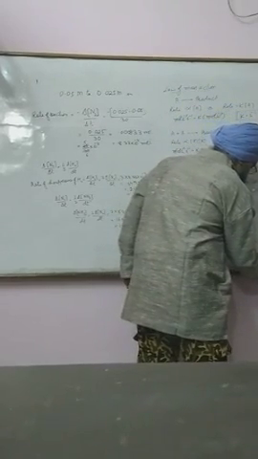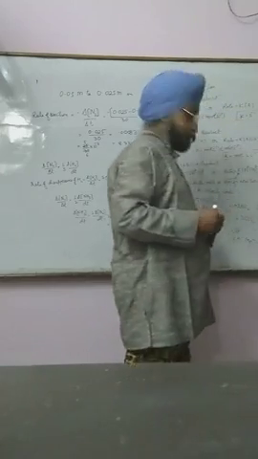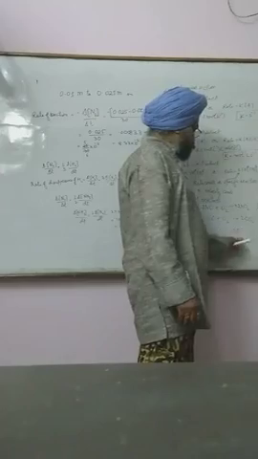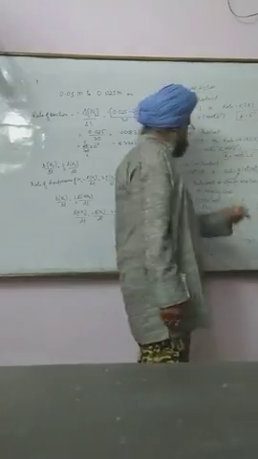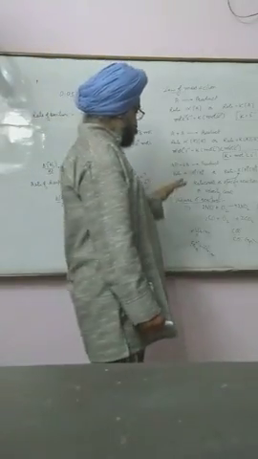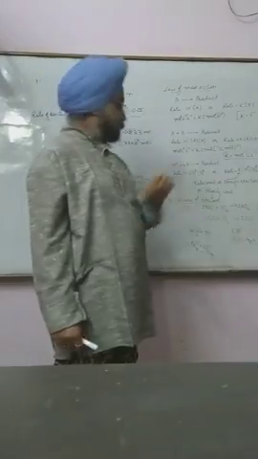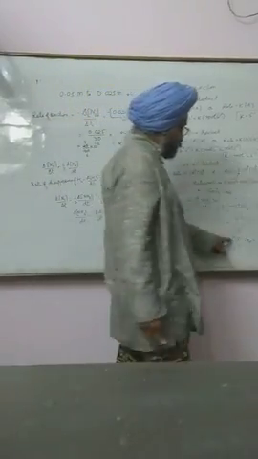Only then you will get CO2. And hence this reaction used to be slow. As explained earlier, the ionic reactions are very fast and the molecular reactions are a little slow.